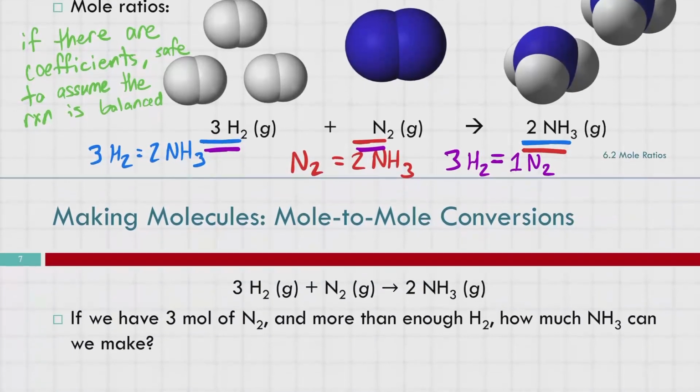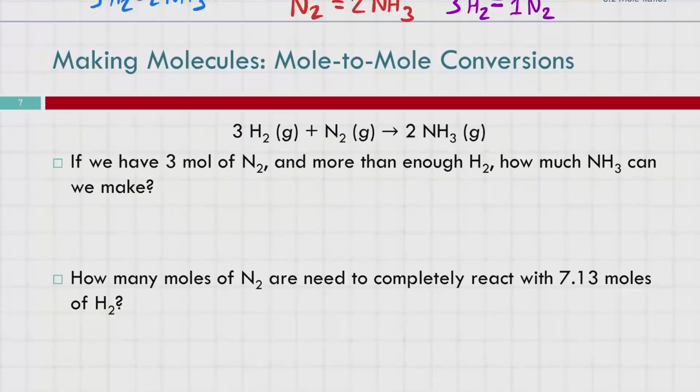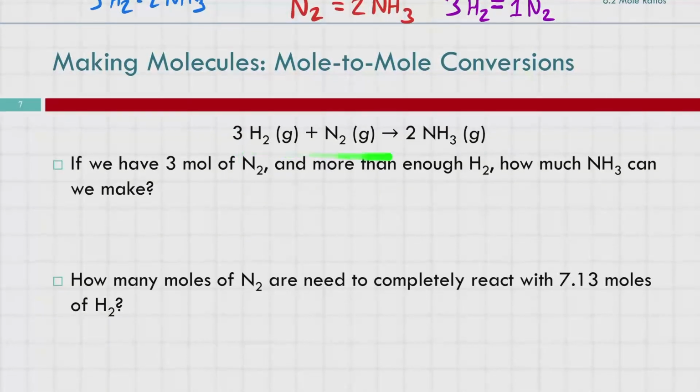So let's look at that in action. Let's say it's the same balanced chemical reaction. If we have 3 moles of N2, how much NH3 can we make? So the two things that we care about are, one, what's our first thing we care about?